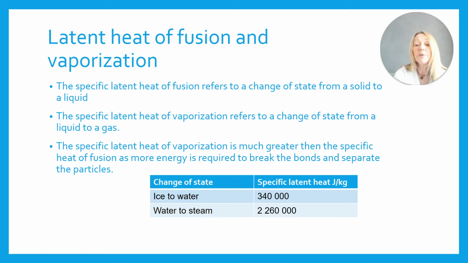And as you can see from the table here for water, the specific latent heat of fusion, which is the ice to the water, is a lot lower than the specific latent heat for water to steam. And we can see that it takes a lot more energy to break the bonds in order for the water to turn to steam than it does to weaken the bonds for the ice to turn to water.